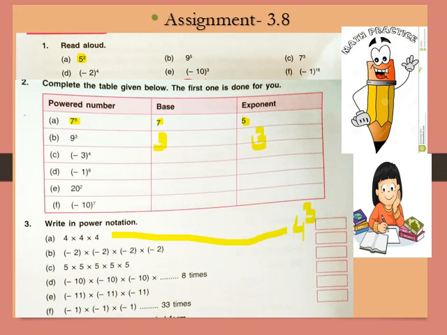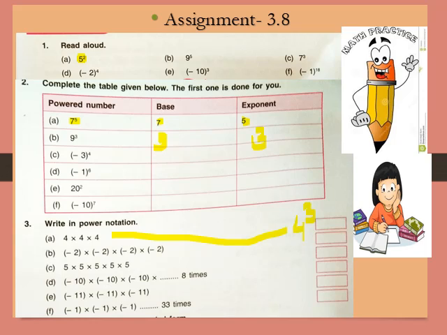Now a small assignment for you, dear students. See here, you only have to read the numbers. You are aware how to read this number. This number you can read as 5 to the power 2 or 5 square. Now in the second example, you have to write the base and the exponent.